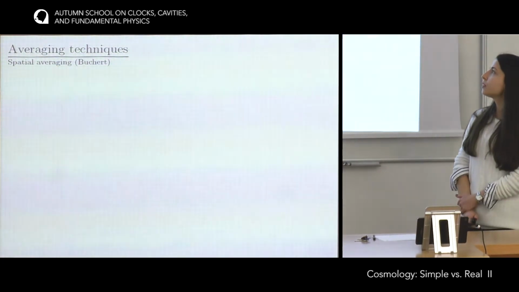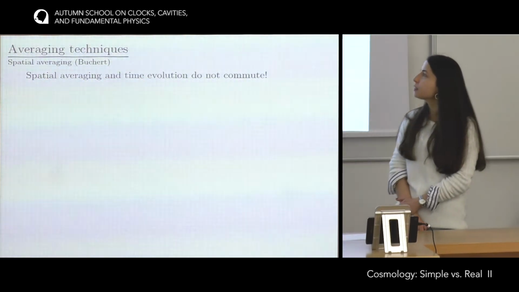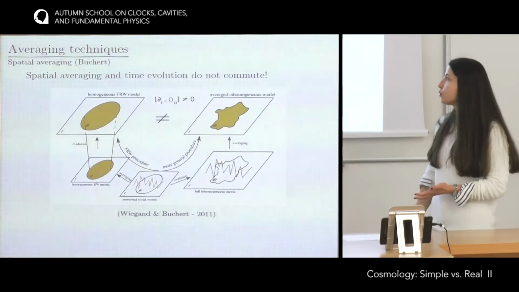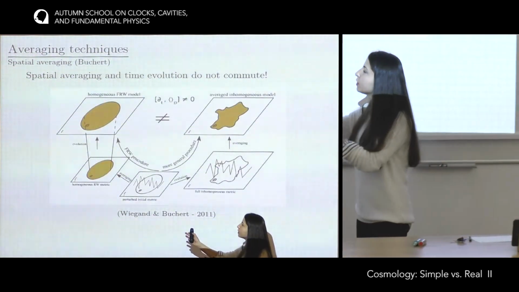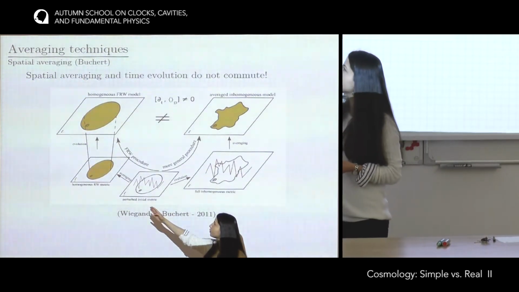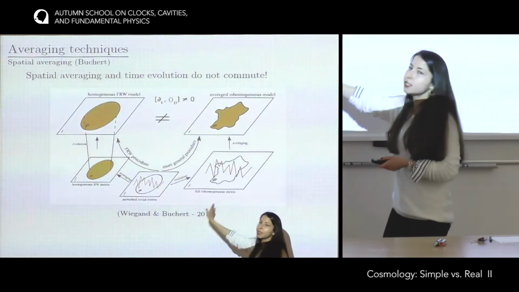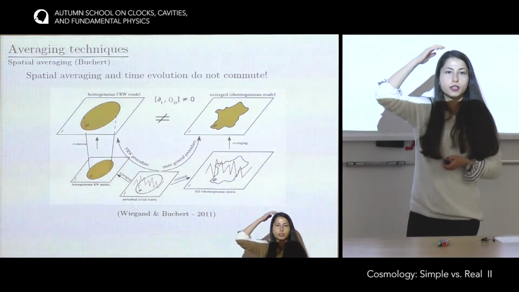And the other important thing is that this spatial averaging and time evolution do not commute. Let's say initially you have some perturbed initial metric. It's different when you take the average first and then look at its evolution than when you first take the evolution of this metric and then take the averaging.